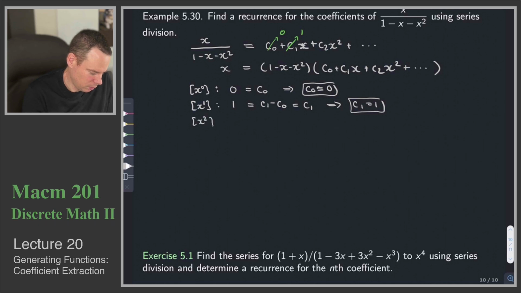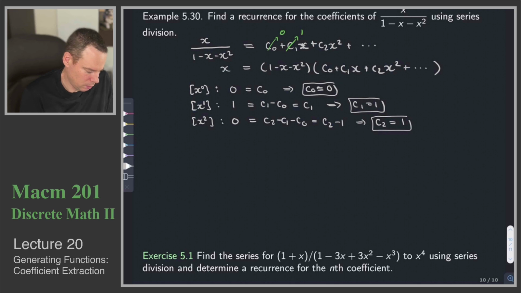What about x squared? 0 on the left. On the right, it's going to be c2 minus c1 minus c0. And that gives me c2 minus c1, so that's minus 1, minus 0. Or in other words, c2 is equal to 1. We'll do maybe a couple more just to see if we can find a pattern. So what is the next one?